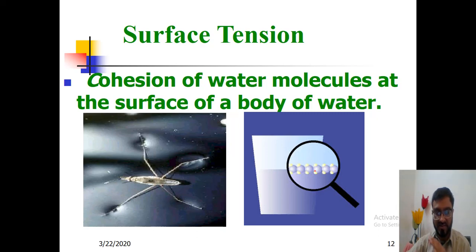So that is what is termed surface tension. As we previously described, the cohesion of water molecules at the surface of a body of water holds together strongly. So to overcome that force, you require extra force.